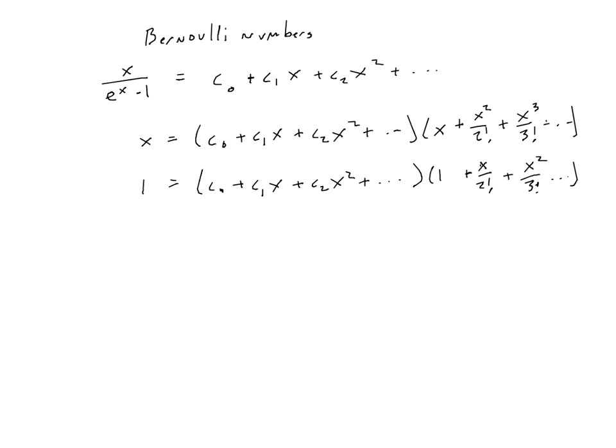So this is where the Bernoulli numbers come in. We're going to set each of the coefficients we guessed equal to some new Bernoulli number divided by n factorial. And by doing that, we're basically implying that our series is going to be equal to a power series involving the factorial terms.